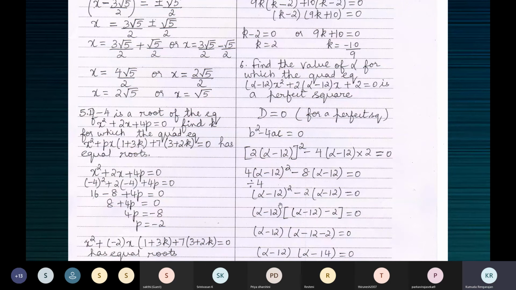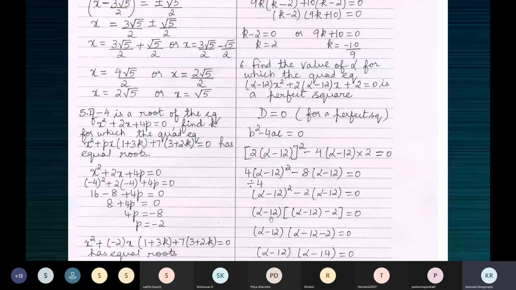Divide throughout by 4. So you get (alpha minus 12) the whole square minus 2 into (alpha minus 12) is equal to 0, because 4 and 4 get cancelled, and 4 2s are 8 divided by 4 is 2.